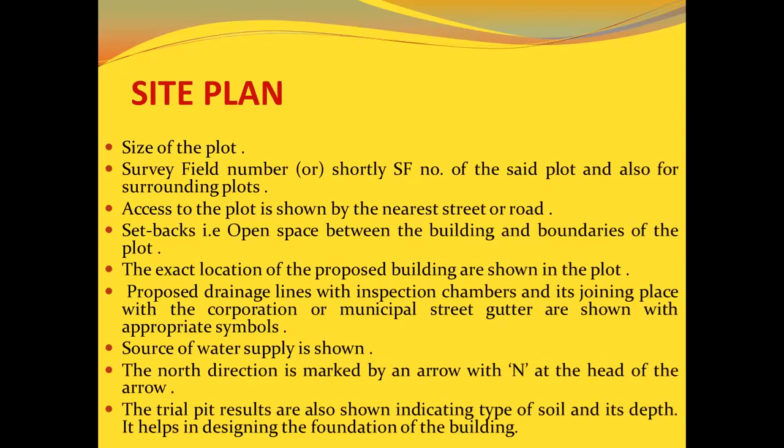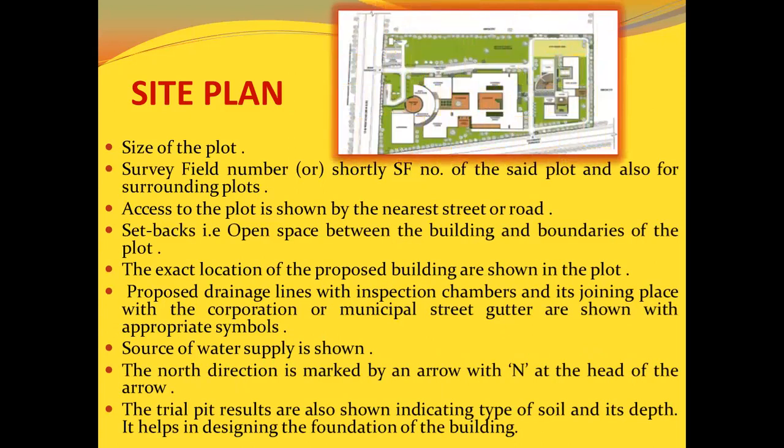The first one is the site plan. The site plan should have the size of the plot, the survey number, the access to the nearest road or street, the setback or open space between the building and the boundaries of the building plot, the exact location of the proposed building in the plot, and the proposed drainage line, the inspection chambers, and their joining places with the corporation and municipal street gutter, which should also be shown with an appropriate symbol.